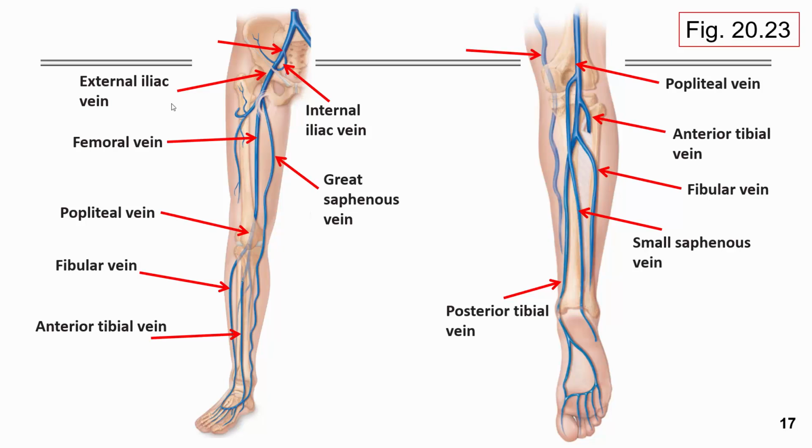The femoral vein continues as the external iliac vein, as the great saphenous vein will merge with that external iliac vein, and then once the internal iliac merges with the external iliac, it forms the common iliac vein. And as illustrated on the left hand side, the great saphenous vein is involved in draining tissue from the medial side of the leg.